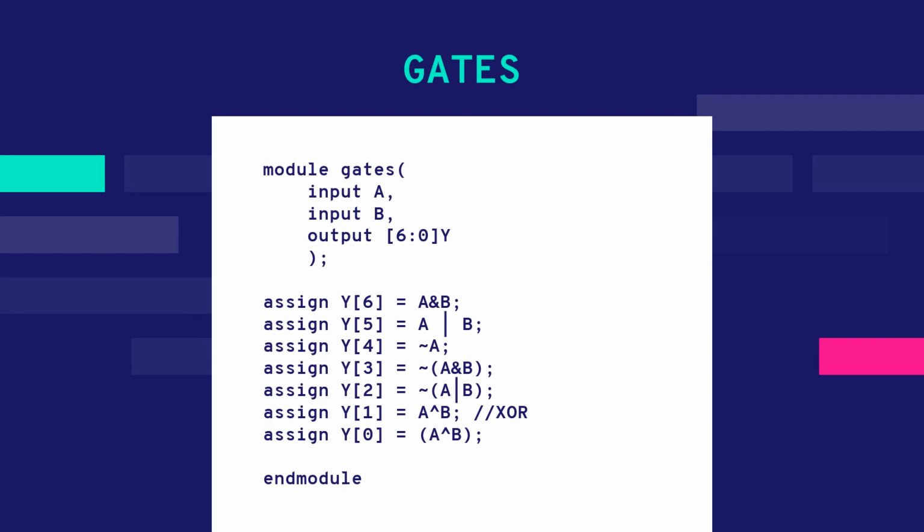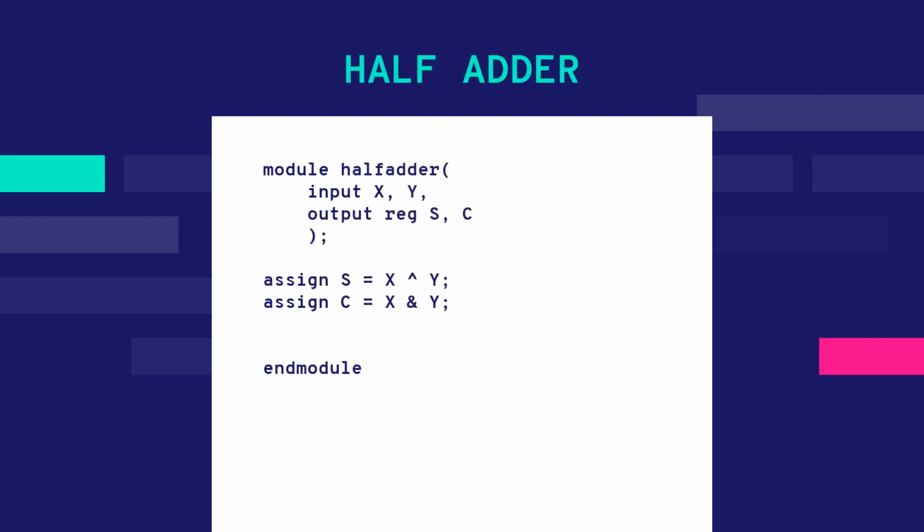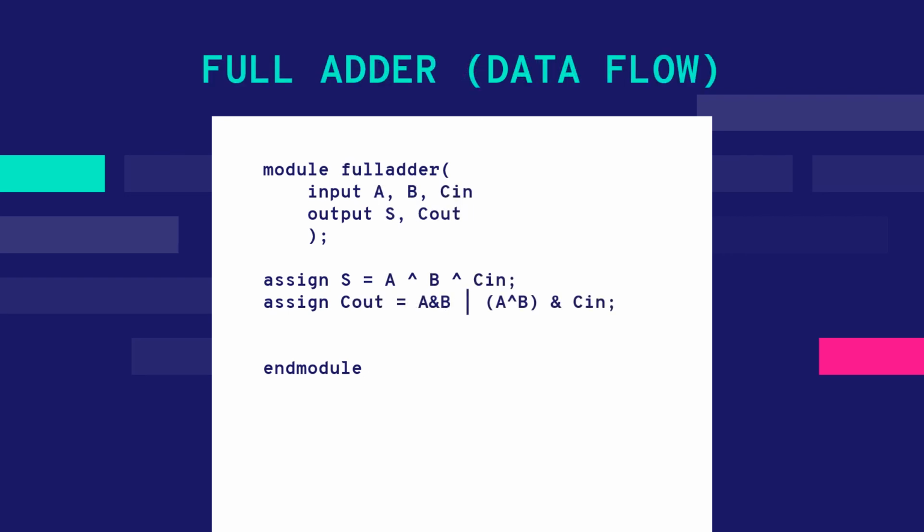We also learned how to implement a test bench of the same. We then checked the working of a half adder using Verilog and implemented the same, followed by the full adder, which we implemented in all different styles of modeling, which includes data flow, behavioral, and structural.